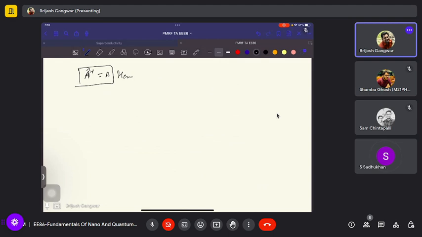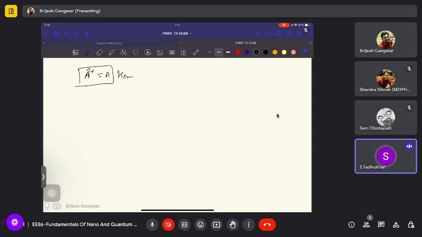So this is one of the very basic definitions of Hermitian and non-Hermitian systems. And PT symmetry means time reversal symmetry, and parity symmetry should also be there, to solve these non-Hermitian systems.